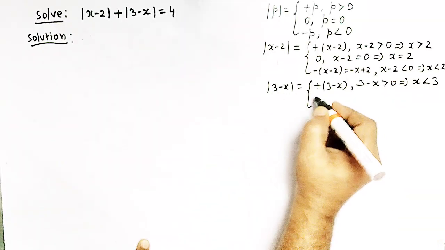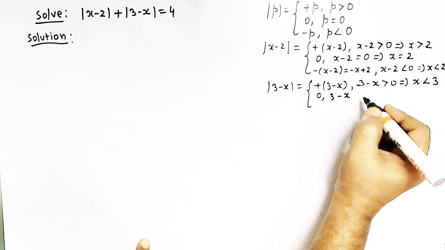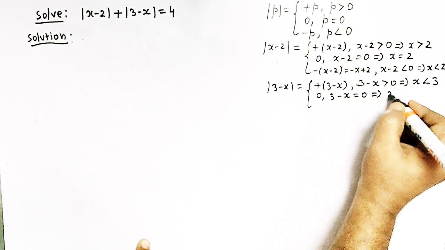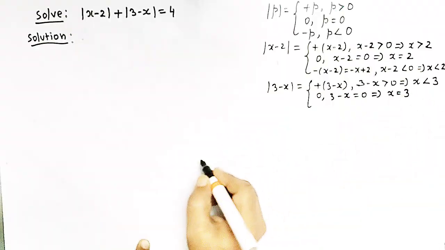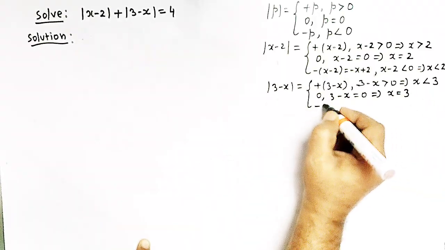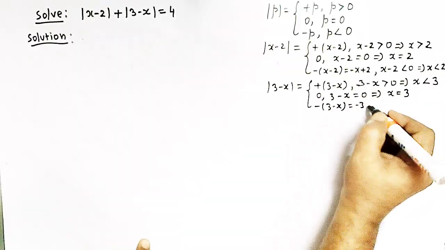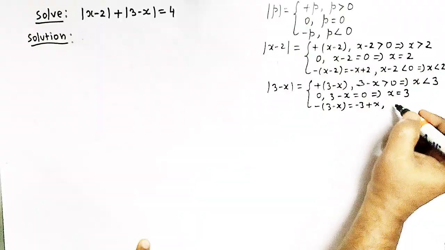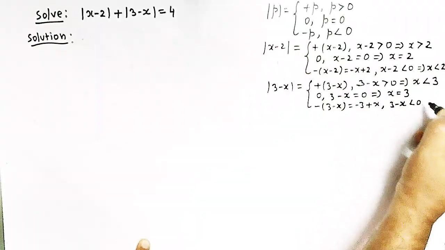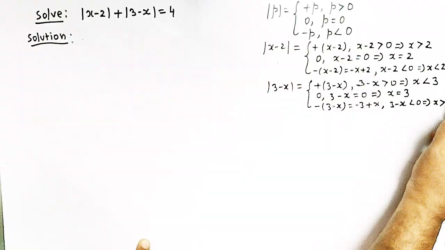And mod of 3 minus x is equal to 0 when 3 minus x is equal to 0, that is when x is equal to 3, and mod of 3 minus x is equal to negative of 3 minus x, that is minus 3 plus x, whenever 3 minus x is less than 0, which implies x is greater than 3.